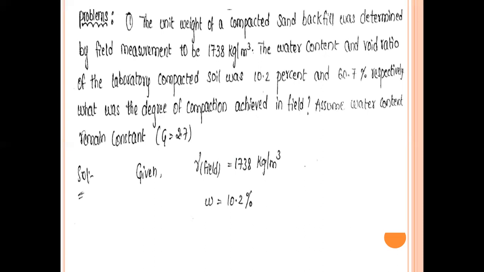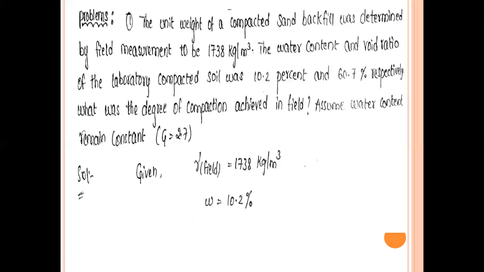So first we write the given data. Here unit weight in field measurement gamma equal to 1738 kg per cubic meter, and water content and void ratio are given.